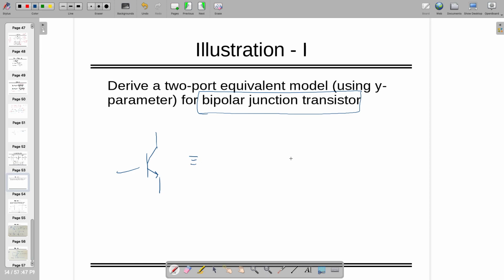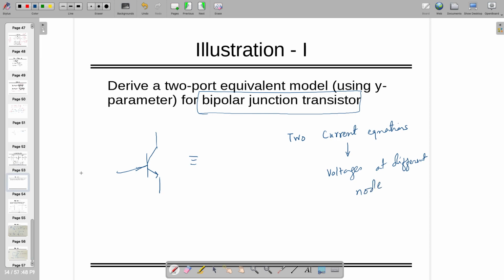To write the equivalent model, you need two current equations which are dependent on voltages at different nodes.